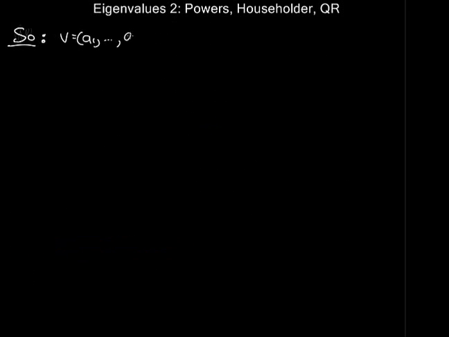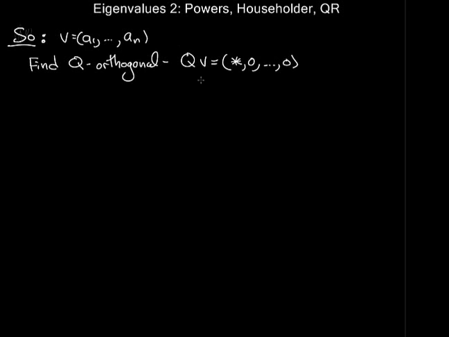So here's the idea. Suppose you have a vector with coordinates a1 through an. What this comes down to is I want to find an orthogonal matrix Q, which has the following property. When you apply Q to v, you get a vector where all of the coordinates are 0 except for the first one.